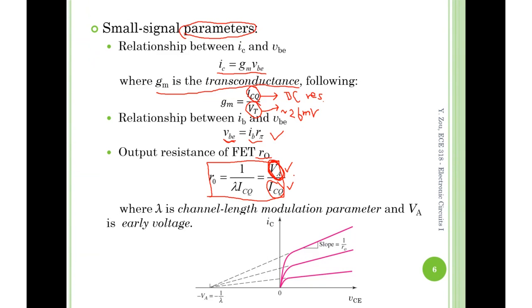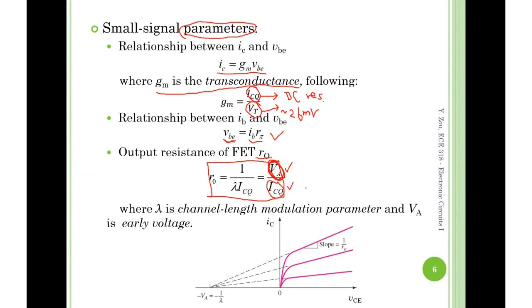And then, generally speaking, this early voltage is what? What word we should use to describe it? Infinity. Well, infinity. It is the easiest case, right? Generally speaking, we can call it as big. Okay, VA is big. Not necessarily infinity.